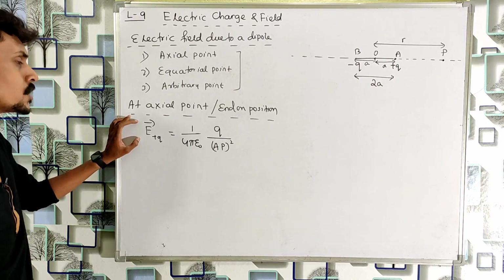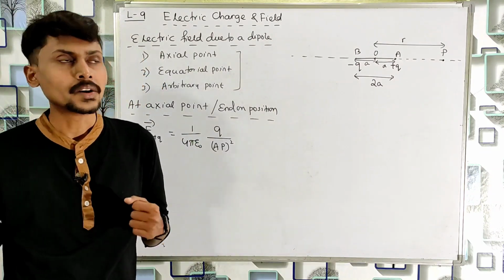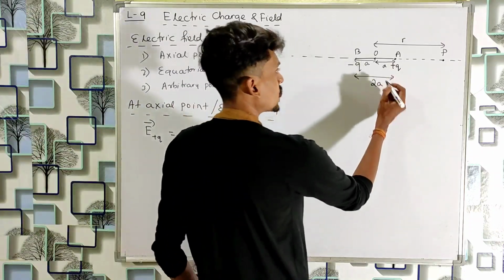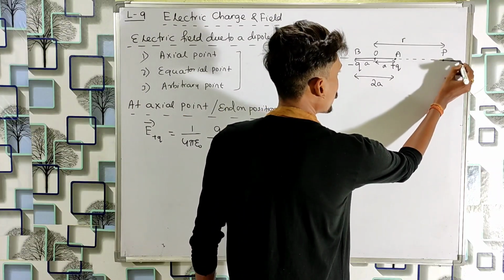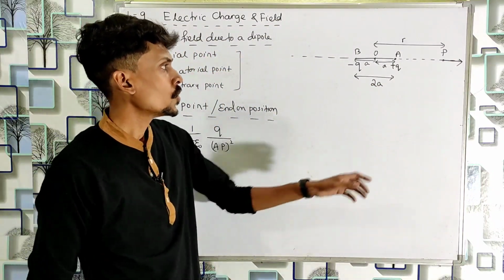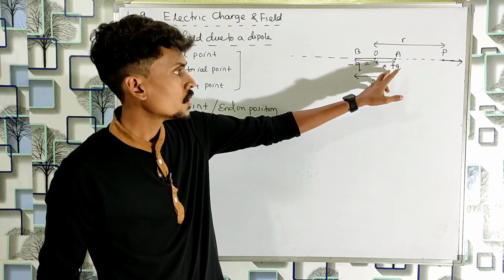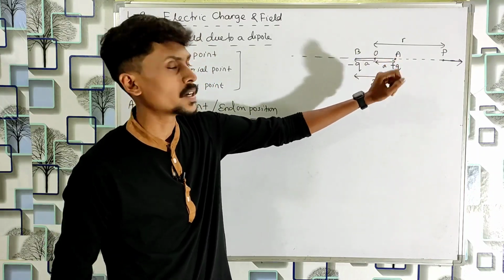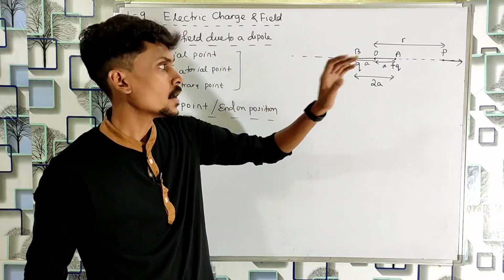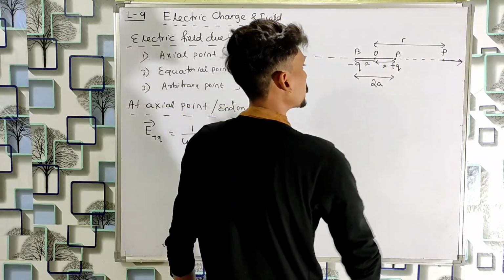We had already discussed that the electric field at a point due to a positive charge is directed away from the charge. So E plus q, the electric field due to this positive charge, will be directed away from it, means towards right.